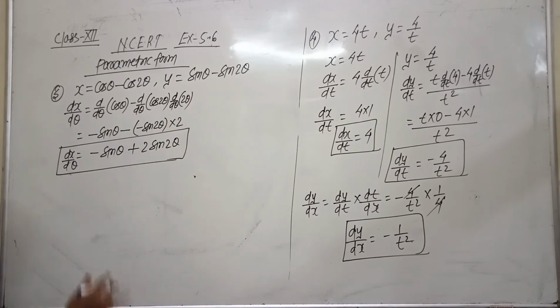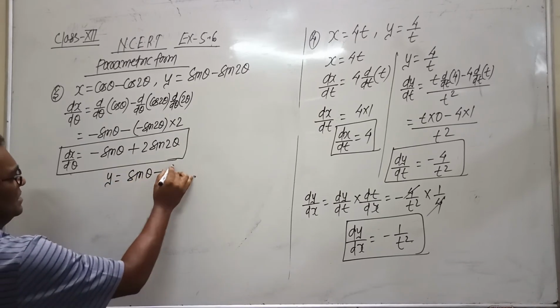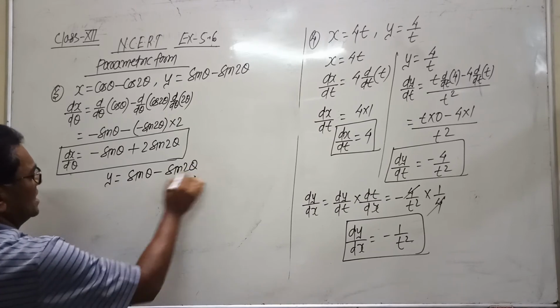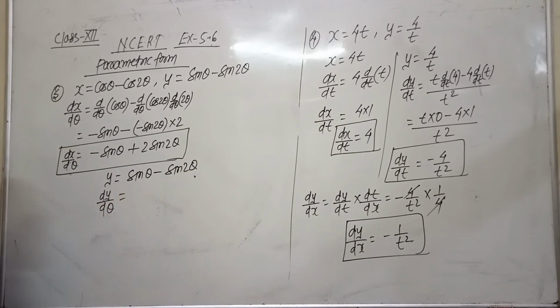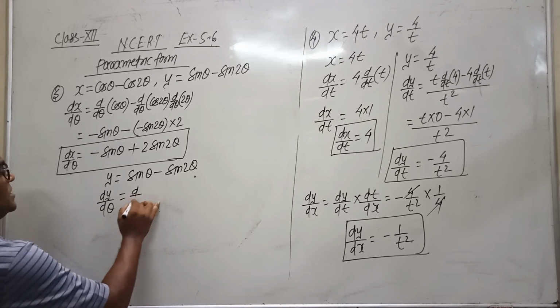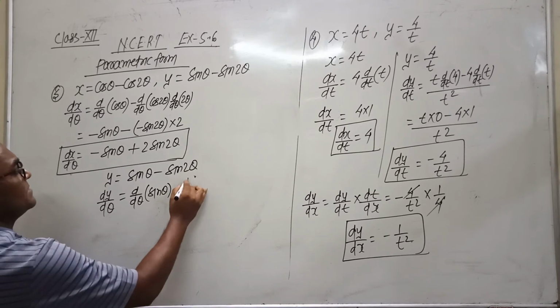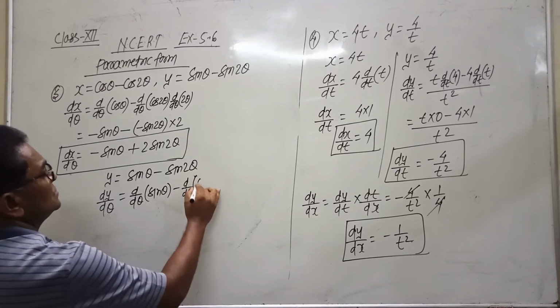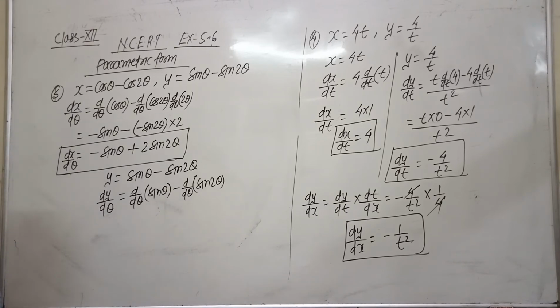Now the next function is y equals sin theta minus sin 2 theta. So differentiate y with respect to theta. dy by d theta equals d by d theta of sin theta minus d by d theta of sin 2 theta. Now drop sin and differentiate 2 theta.